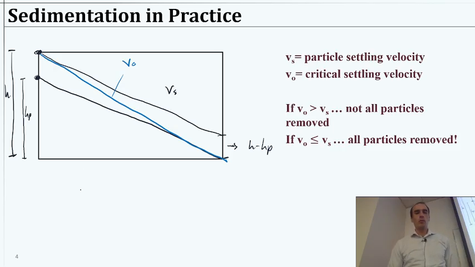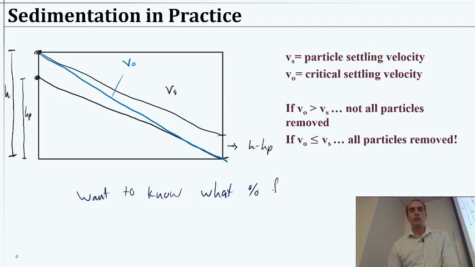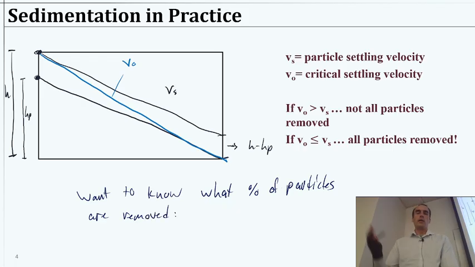So if we want to know what percent of particles are removed, the first thing we ought to do is check, well, is V naught smaller than Vs? Because it's 100% if so. So in this case, that's 100%.